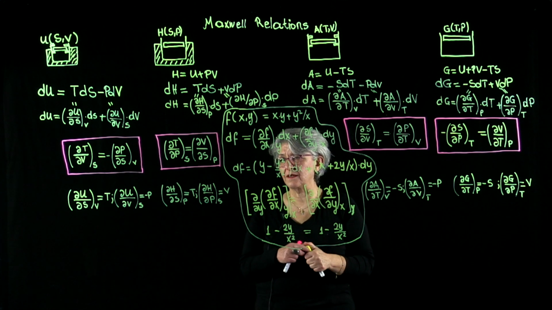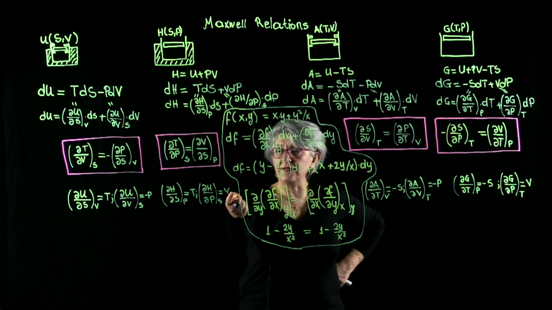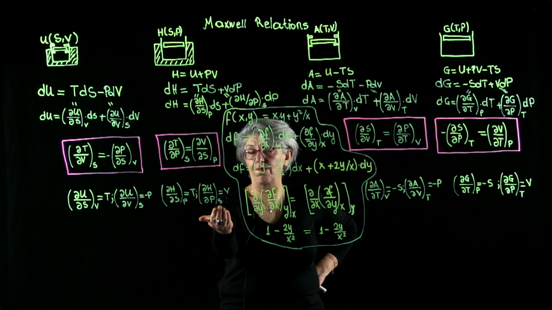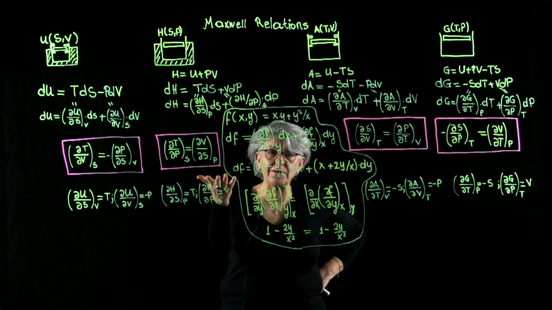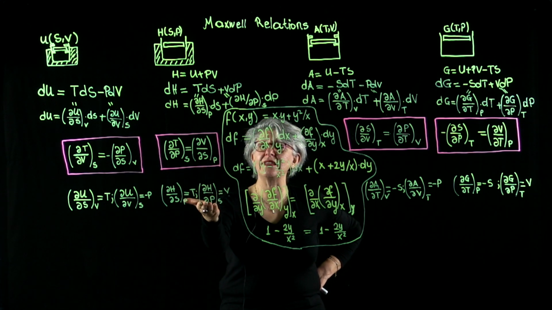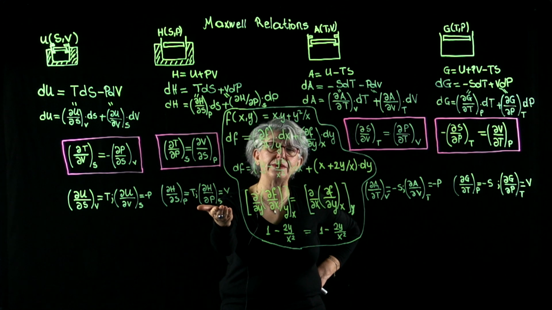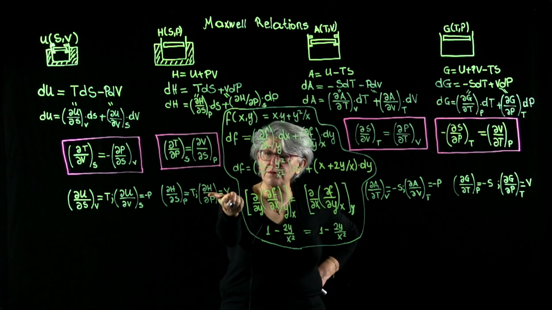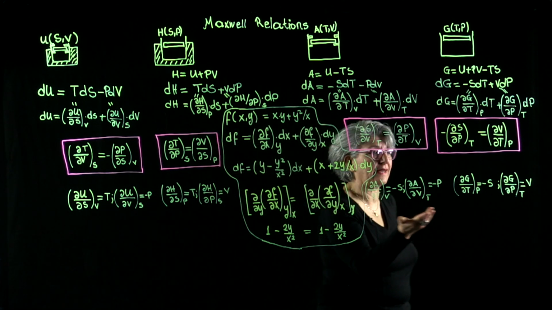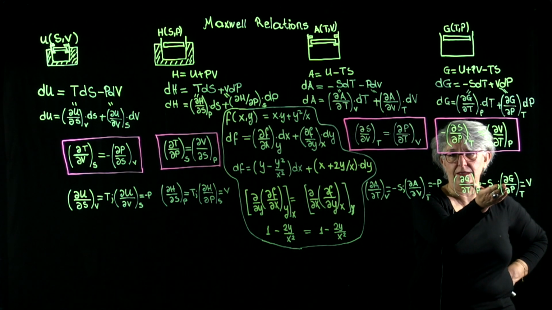Now let's see. V is equal to del h over del p at constant s. All right, if I know enthalpy function with respect to pressure, I can take its derivative while keeping entropy constant, and that is going to give me V. I may not have entropy, but I may have Gibbs free energy.